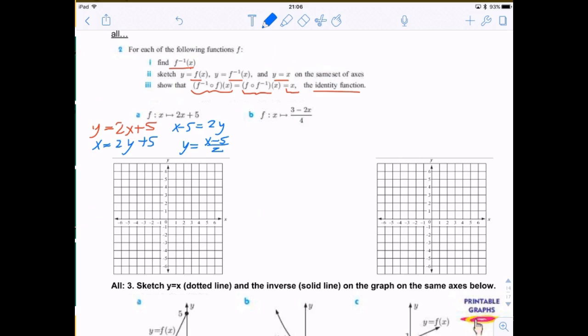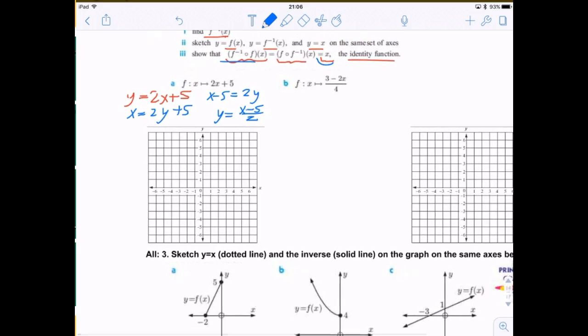Okay? And then we're supposed to show that if we do inverse function following the original function, we're going to get x back. So let's try that. We'll start out with the original function first, so that would be 2x plus 5. And we're going to put that inside the x for the inverse function.